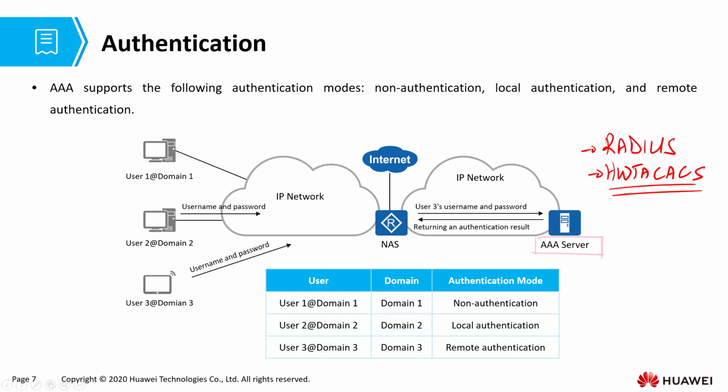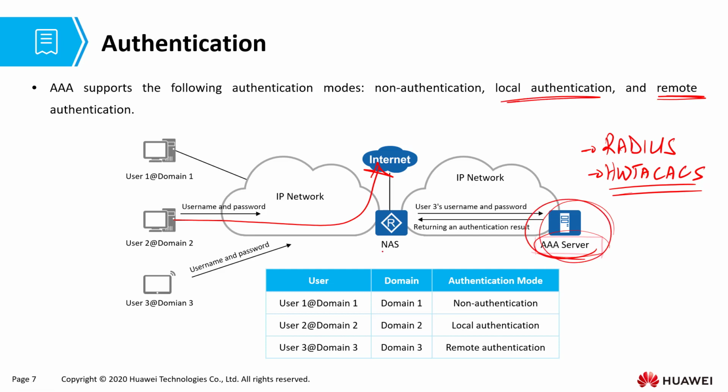So Huawei TACACS will be deployed on this server right here, and then it will manage the authentication, authorization, and accounting, or a RADIUS server will be deployed right there to manage authentication, authorization, and accounting. That is why we call it remote authentication. You access resources right here, but you're going to be authenticated by a server in a remote location.